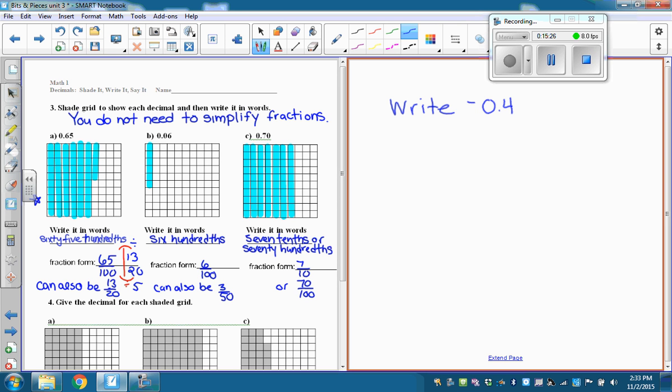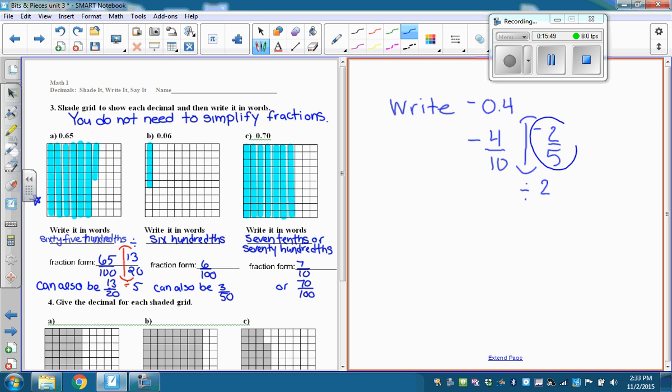It's just a negative number. We will talk more about negative numbers. But yeah, you're just going to write negative 4/10. And that reduces by what? What goes into both of those? 2. So it's going to be negative 2/5.